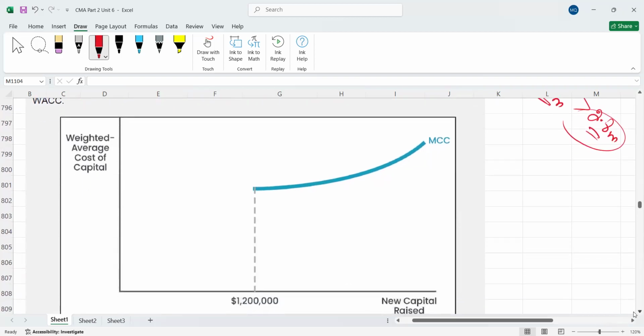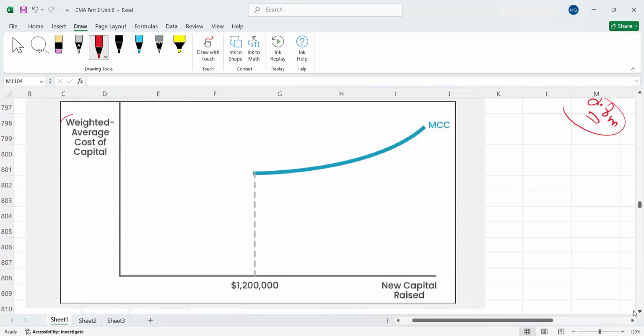Here I'm just showing you a small graph in front of you. Here we have the weighted average cost of capital vertically, and horizontally we have new capital raised. For example, at 1.2 million, let's assume, which is our retained earnings, maybe our cost of capital was at this point.